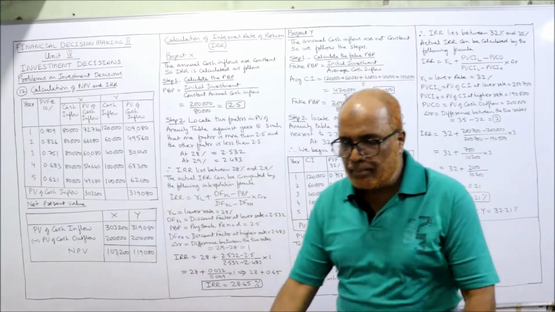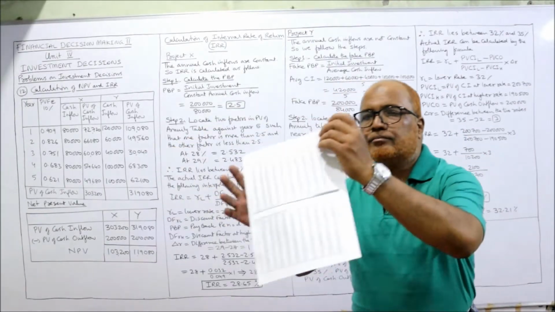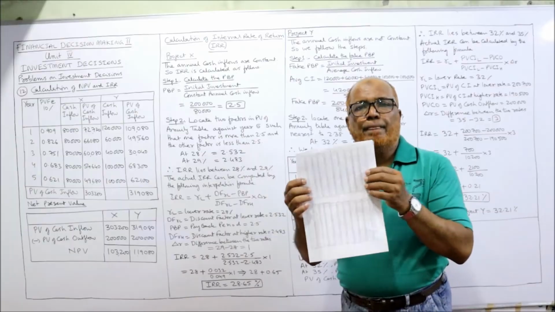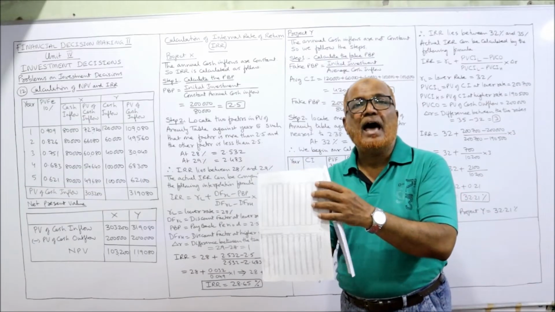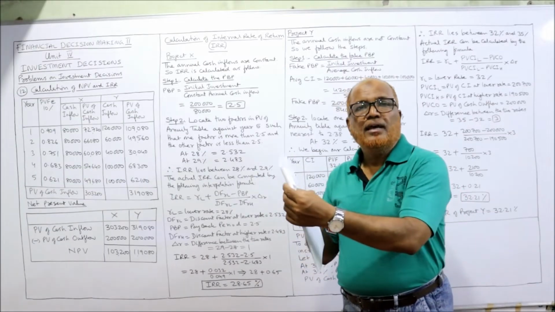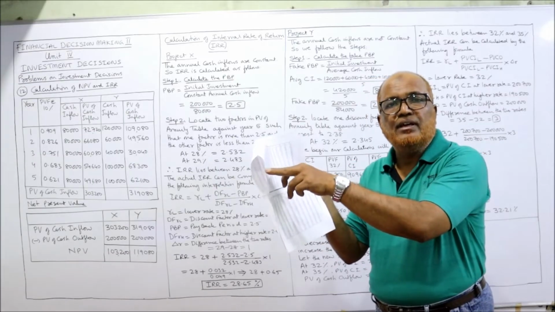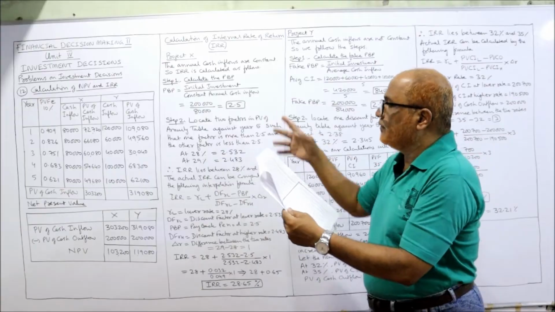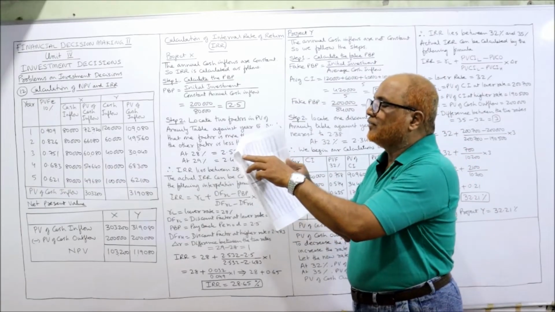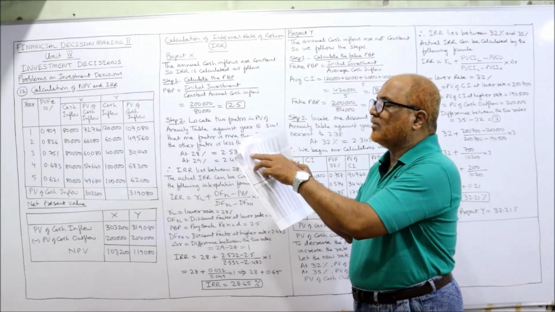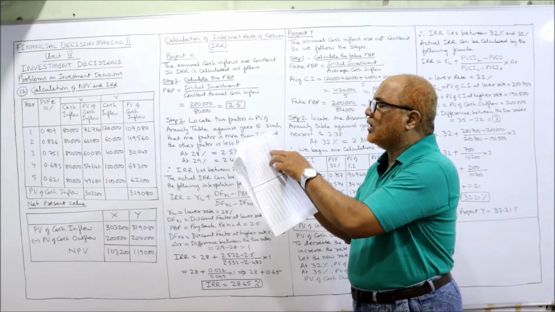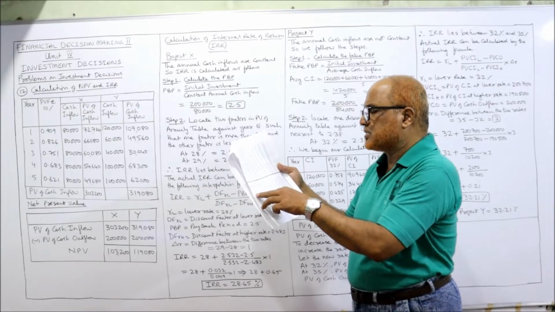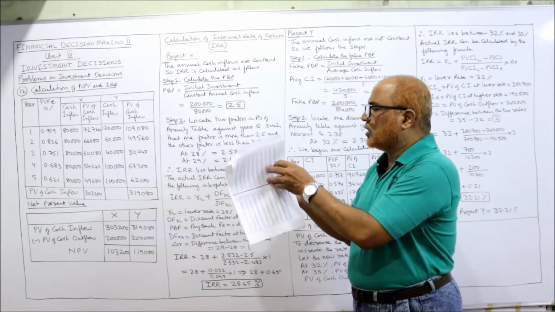That's it. Now I am coming to the PV factors. We need the annuity table. In the annuity table, in the line of the 5th year, go on searching for 2.5. In the 5th year we see 4.853, 4.713, and so on up to 10%, then 11% to 20%, it is not there.